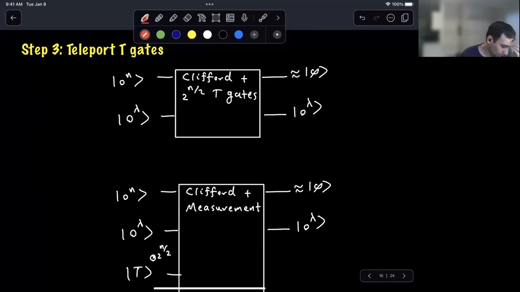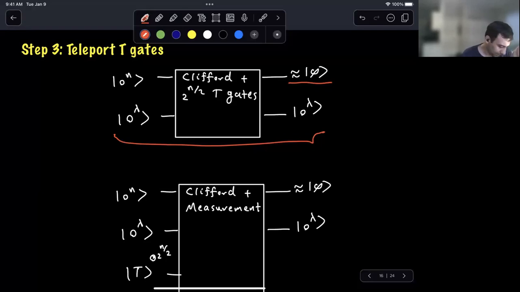Now I'm going to talk about the third step of the proof. In the previous step we had this circuit that consists of Clifford plus 2 to the n over 2 T-gates, and it could prepare the random state that has high stabilizer rank. Now we use the idea of the teleportation of T-gates to replace each T-gate by a Clifford circuit and some measurement.